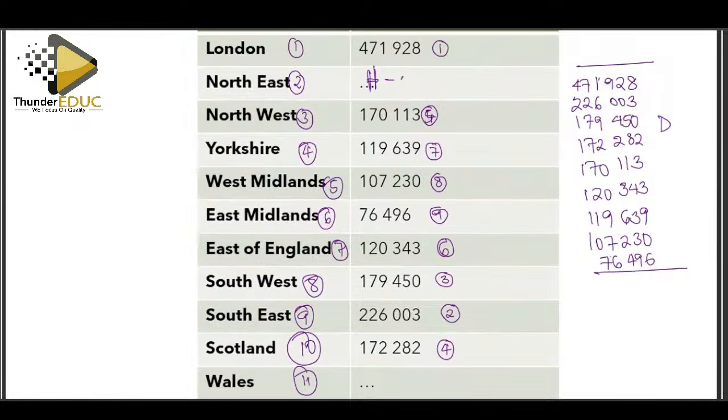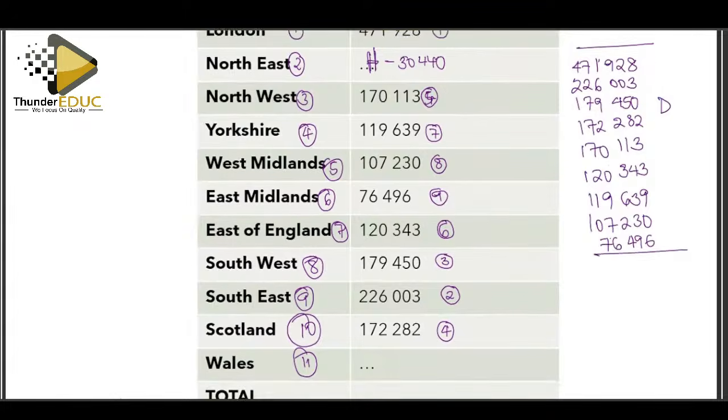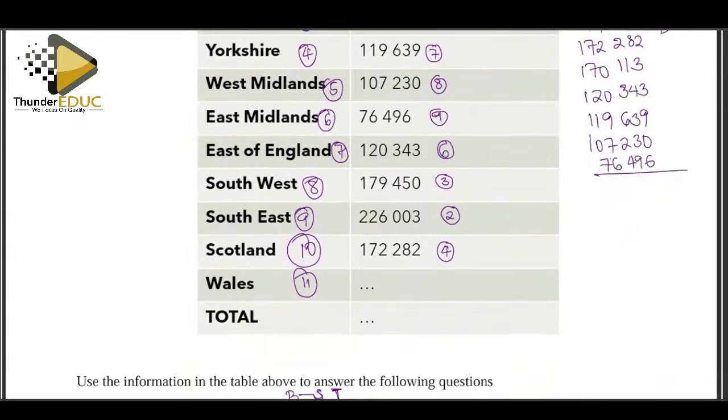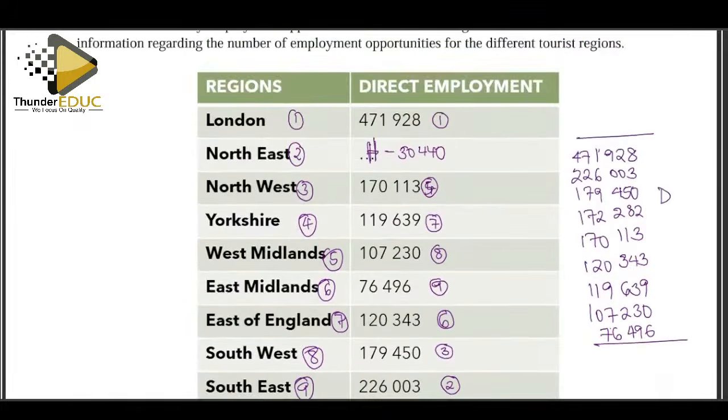So it reduces by that much. Okay, that means Wales here is that much. You see, than Wales. It reduces.